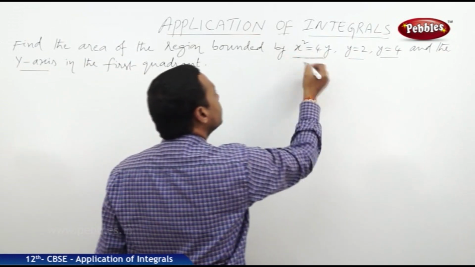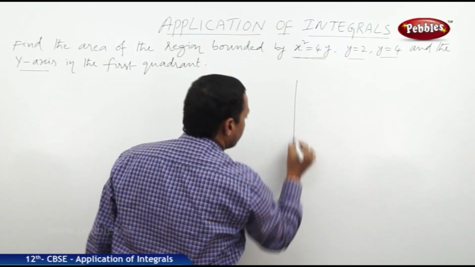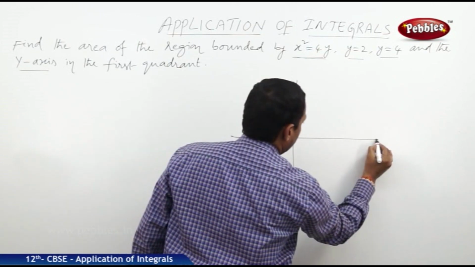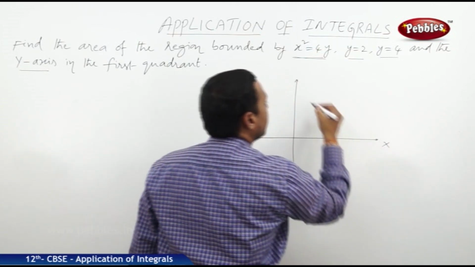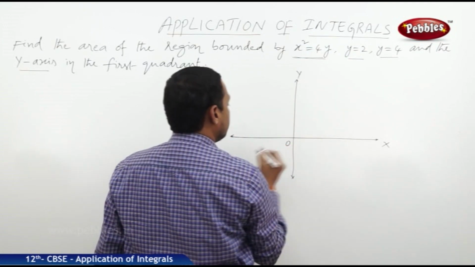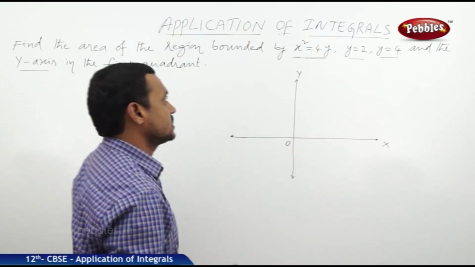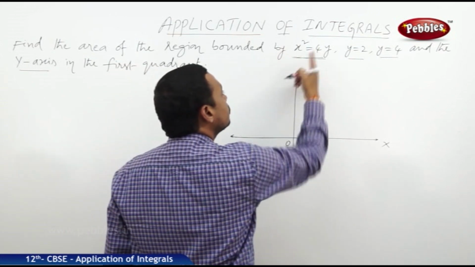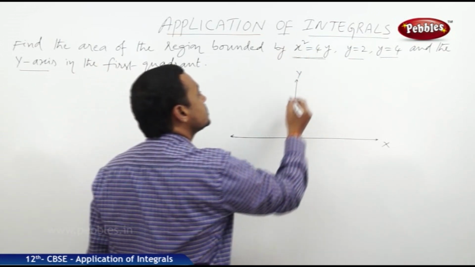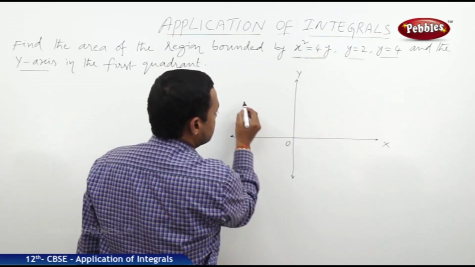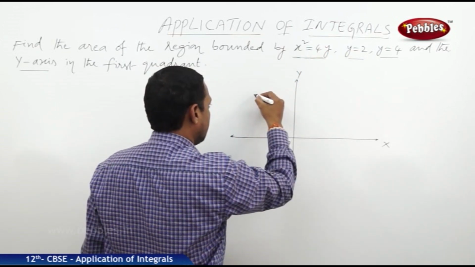Now let us draw this graph. These are the coordinate axes x and y, the origin, negative x axis, negative y axis. x square is equal to 4y represents a parabola, symmetric about the y axis, like this.